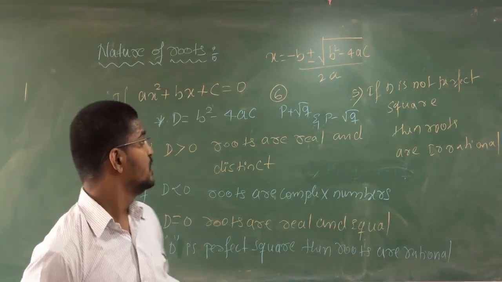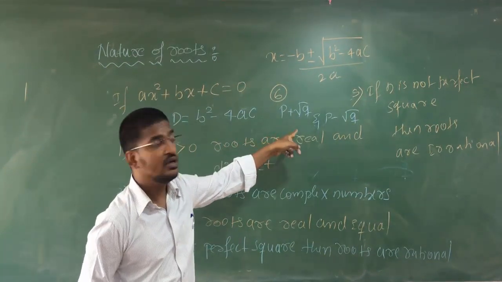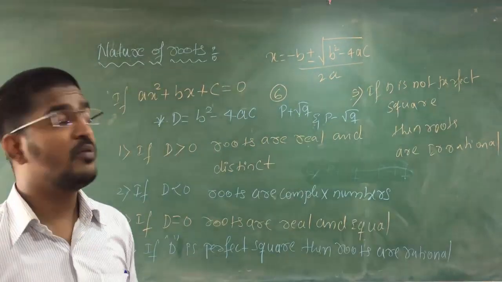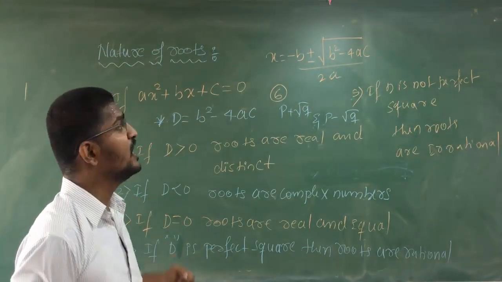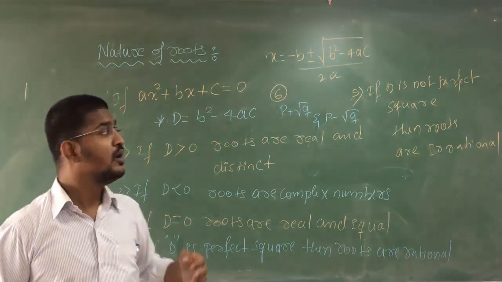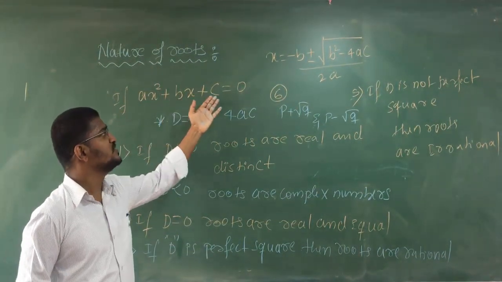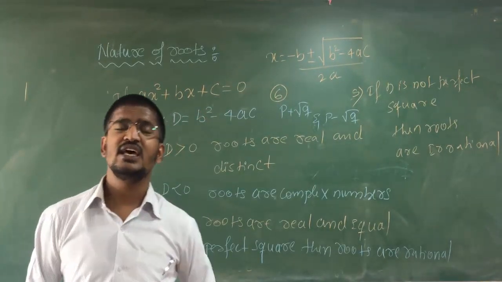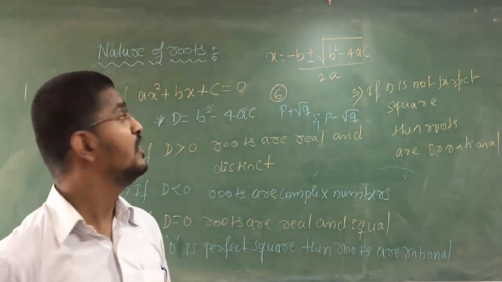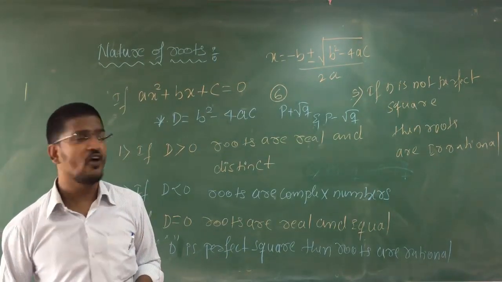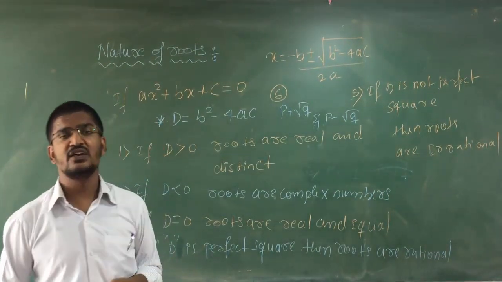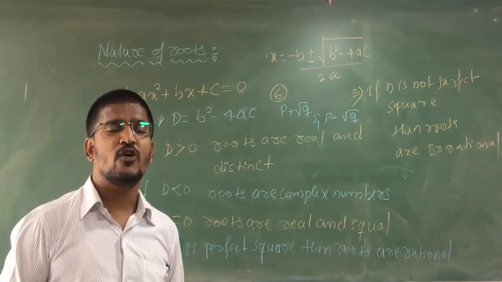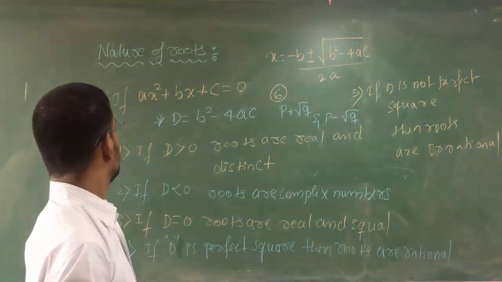Next point, if this is one of the roots, this will be the other root. Clear? From this, you can study the nature of ax square plus bx plus c equal to 0 with Sridharacharya formula, that is x equal to minus b plus or minus square root of b square minus 4ac divided by 2a. Clear? This must be perfect for each and every student. Okay.